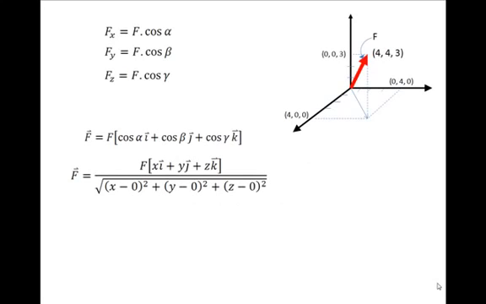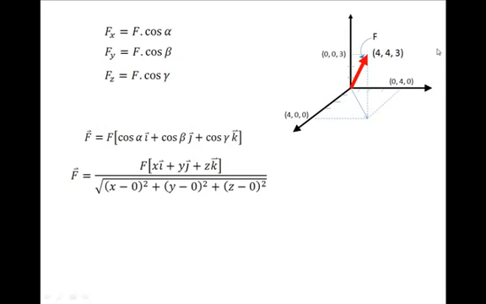Now, in order to understand properly the procedure, what capability one should develop is, given a force, how to express it as a vector. So let's say this red color arrow represents a force whose magnitude is F and which starts from 0, 0, 0 and ends in 4, 4, 3.